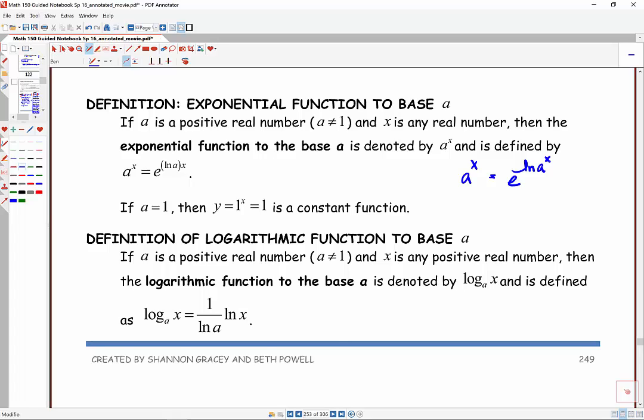And this, in turn, using properties of logs, is going to give us e raised to the x times natural log of a. And then we just commuted those factors, so e to the natural log of a times x. So now, if a is 1, y is 1 to the x, which is equal to 1, which is a constant function.